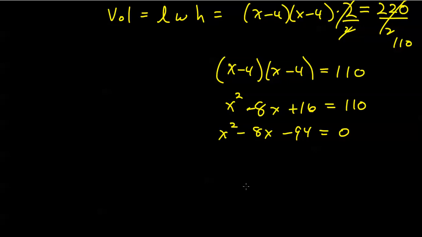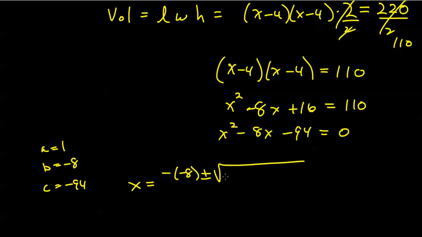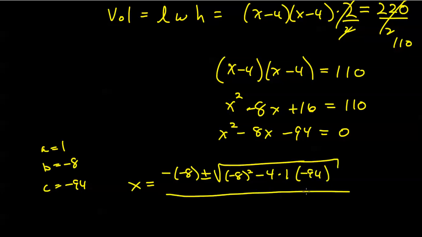I'm going to use my quadratic formula here again with a equals 1, b equals minus 8, c equals negative 94. So x equals minus b plus or minus the square root of b squared minus 4 times a times c, all over 2 times a.